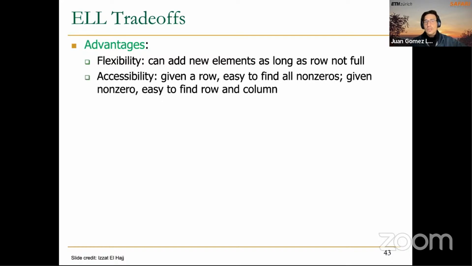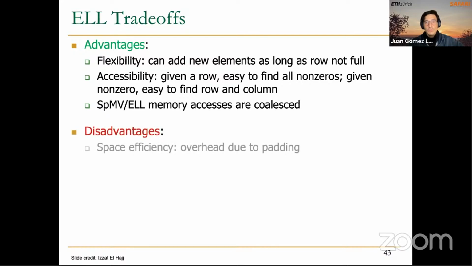In terms of accessibility, given a row it is easy to find all non-zeros. Given a non-zero it is easy to find the row and the column. Another advantage, as we have seen, is that the memory accesses are coalesced.